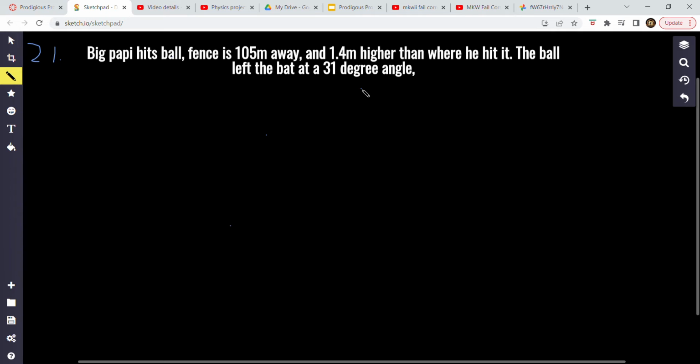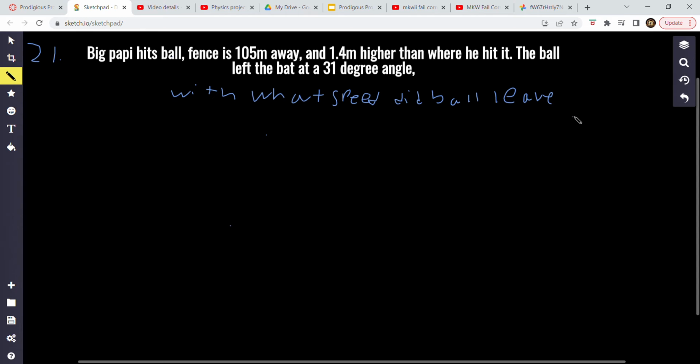What this question is asking you to find is: with what speed did the ball leave the bat?